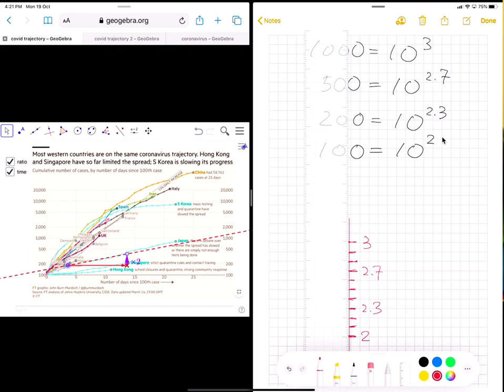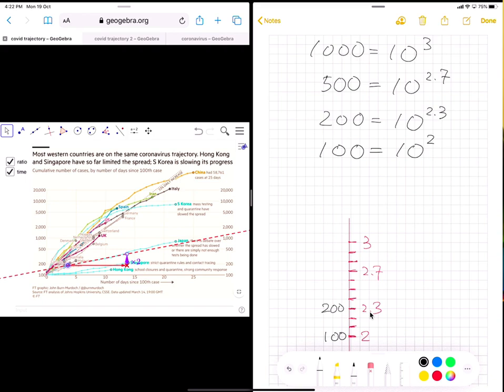Okay, and then, on the left, we can now position the numbers originally. So that means in the first place where you marked 2, which is the exponent 2, this represents the number 100. And then 2.3, right, here you will write down the number 200.